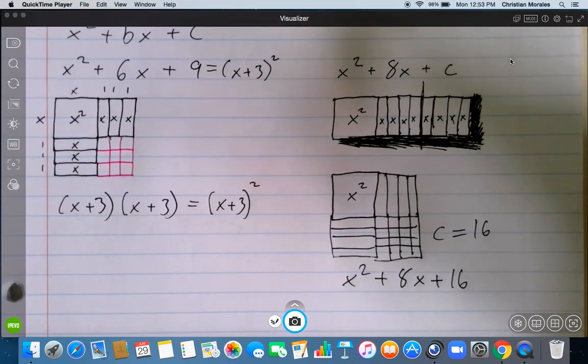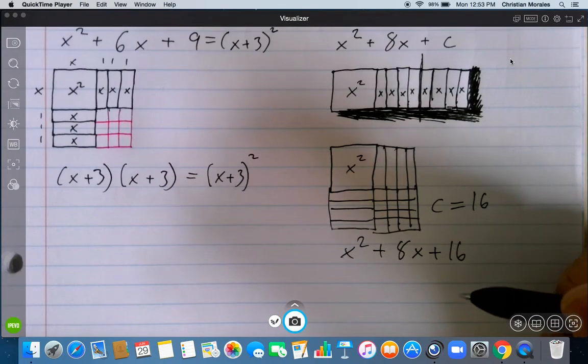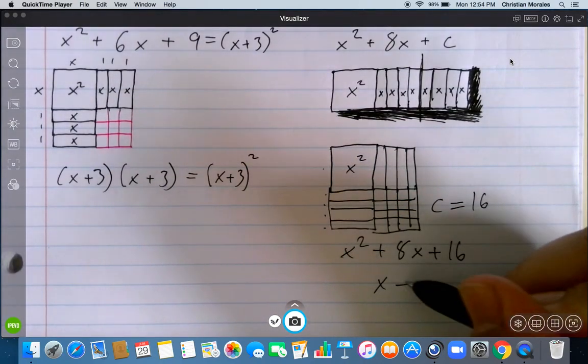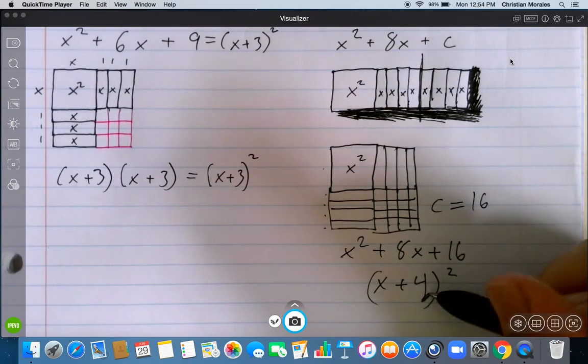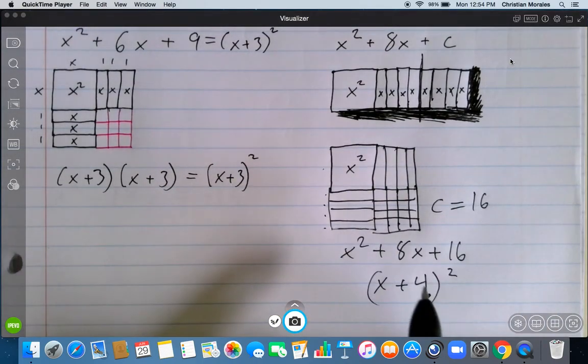That is your perfect square. And then if you wrote this in factored form, x, 1, 2, 3, 4, you get x plus 4 squared. Sorry, it looks kind of like a 9. I don't know what I was doing there. But yeah, you get x plus 4 and x plus 4 as your length and width.